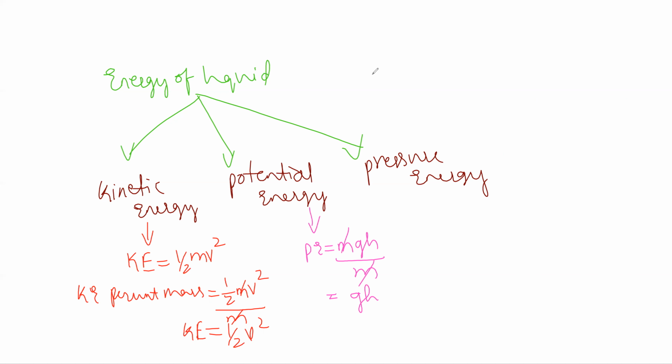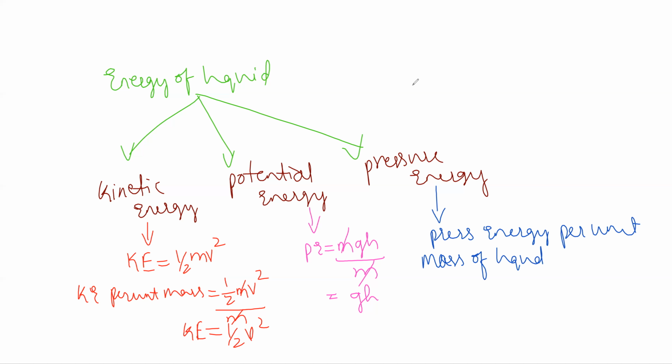And pressure energy per unit mass of liquid is given by the formula P into dV by rho into dV.